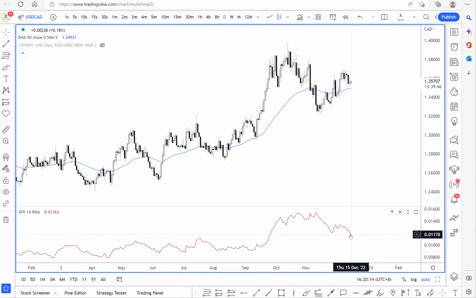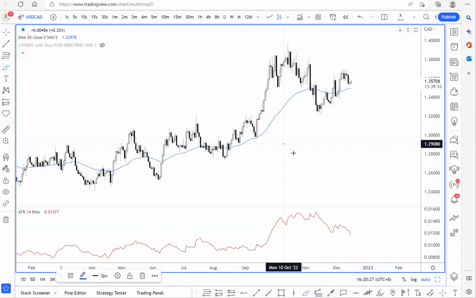How you can read this is that you just take a look at the fourth decimal place. So when price moves by 0.0001, that's the fourth decimal place. So here, this is considered 1 pip.